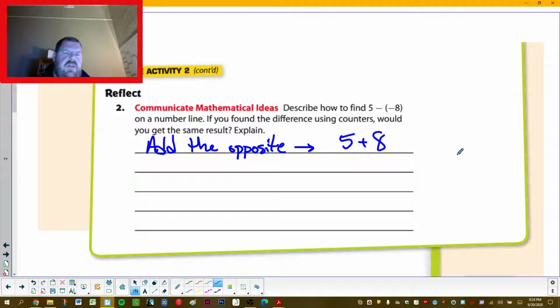Well, let's think about that. If I was using counters, I would start with positive 5. Okay. And then I want to take away negative 8 counters. I don't have any negative counters here, so I would have to first add in 8 negative counters. 1, 2, 3, 4, 5, 6, 7, 8. And I would have to add those in as zero pairs.